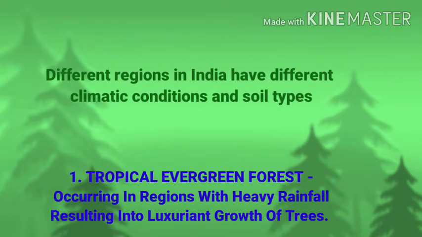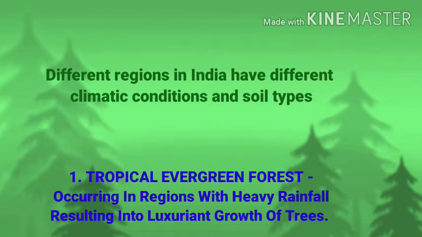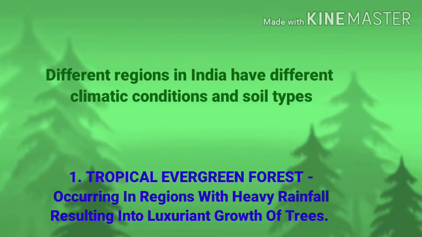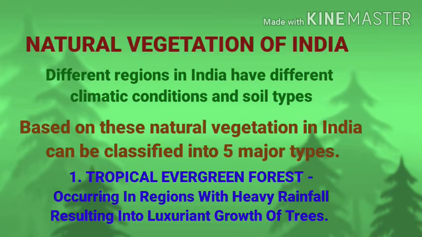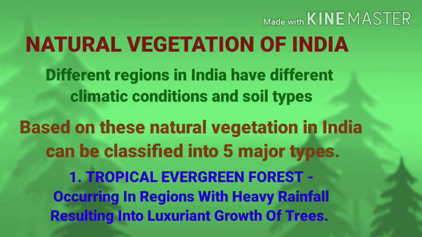Let us now understand about the different types of natural vegetation found in India. Children, different regions in India have different climatic conditions and soil types. Owing to this, the natural vegetation in India can be classified under 5 major heads.